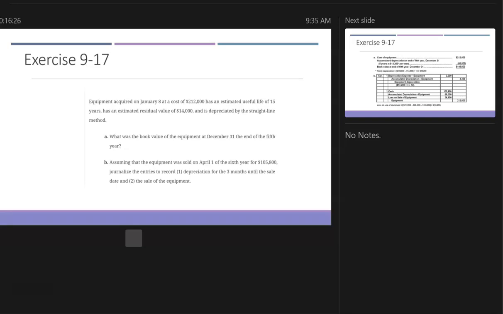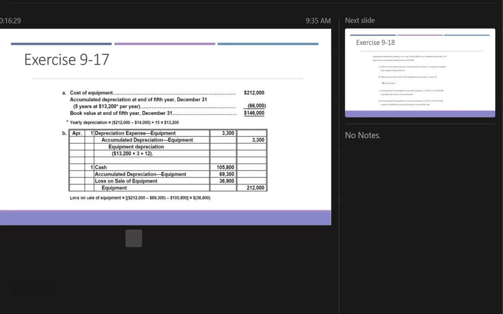Well, we would have taken 5 years of depreciation. So 5 years of depreciation at $13,200 a year would have been $66,000. So the cost minus our accumulated depreciation, wouldn't it be $146,000? Make sense?